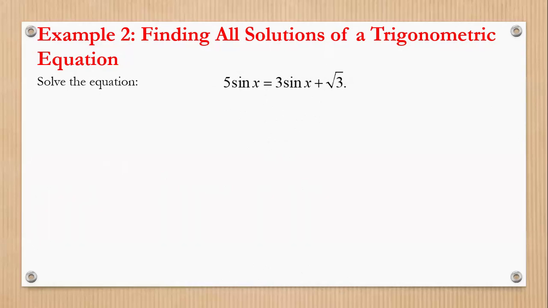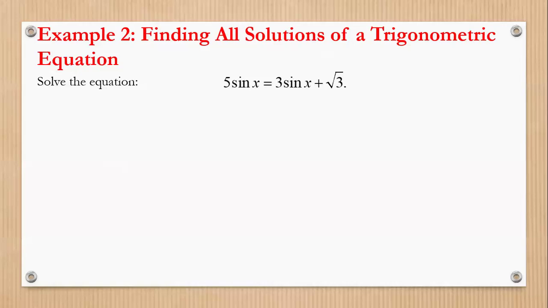And remember that whenever you're solving an equation, it must be based on only one function: everything must be based on sine or cosine or tangent. You cannot solve an equation that has a mix of sine and cosine, unless you use some trig identity to make it just one function.